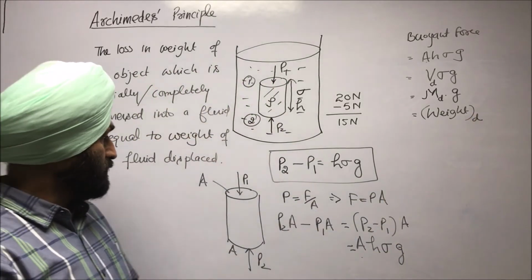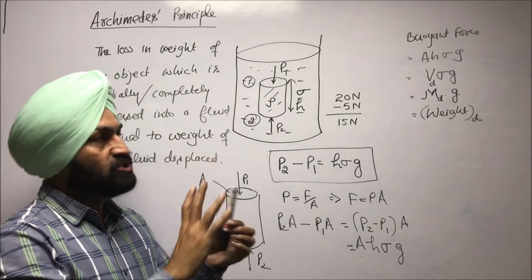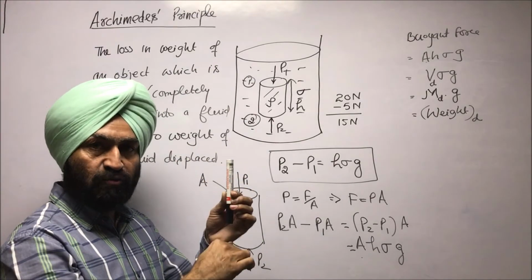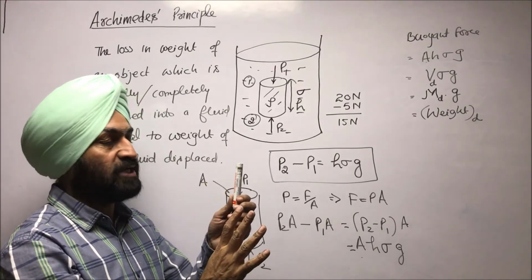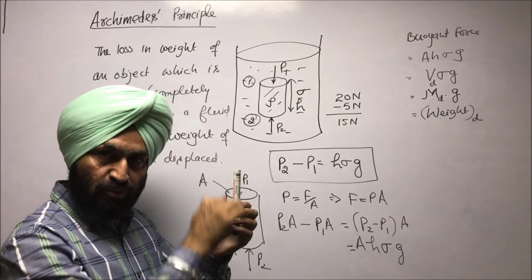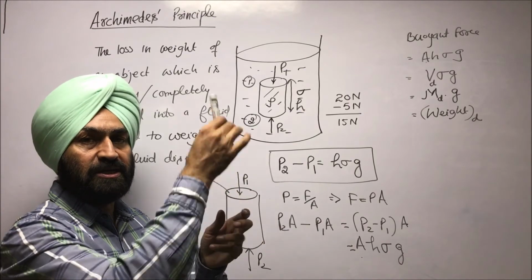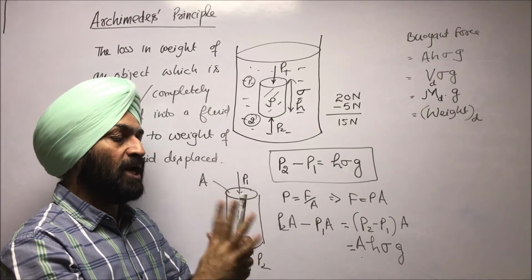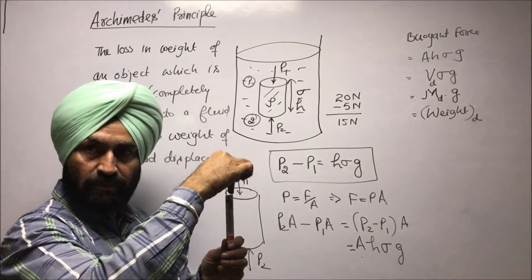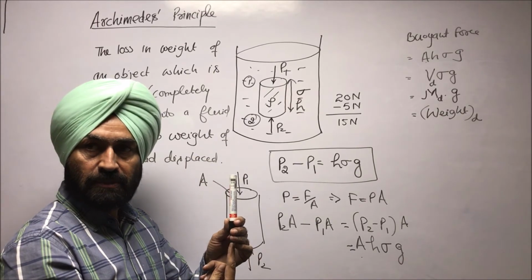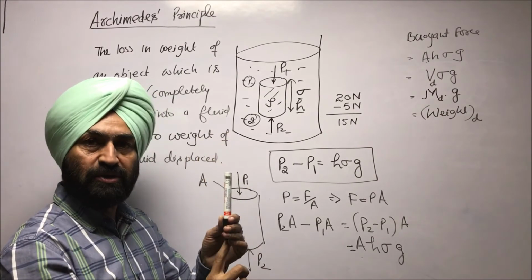So once again, the cylindrical portion inside water, in addition to its weight, which I haven't taken into account yet. In addition to weight, the new forces which have come up when it enters into water, one is P1 into area, another is P2 into area.